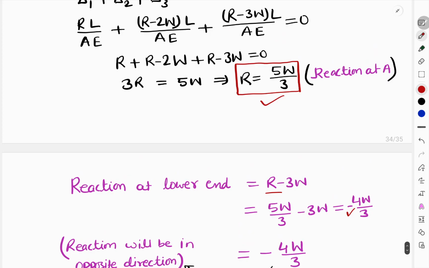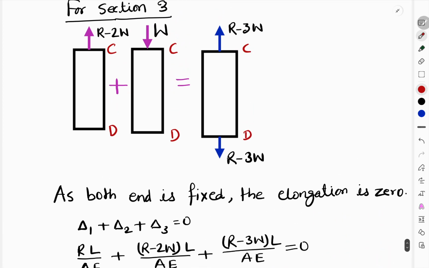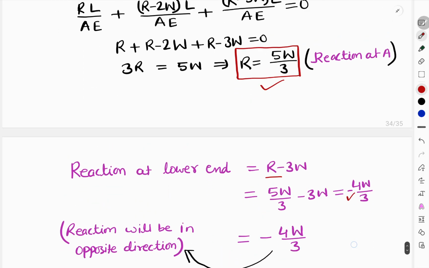At the end of the third section, we had taken a tensile force R minus 3W. As it came out negative, if you draw it, it will be a compressive force, and the reaction value will be 4W by 3.